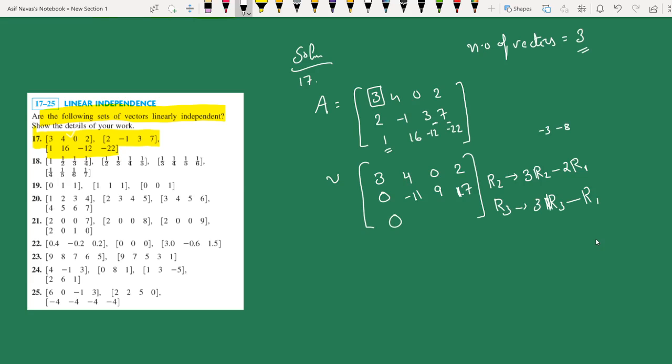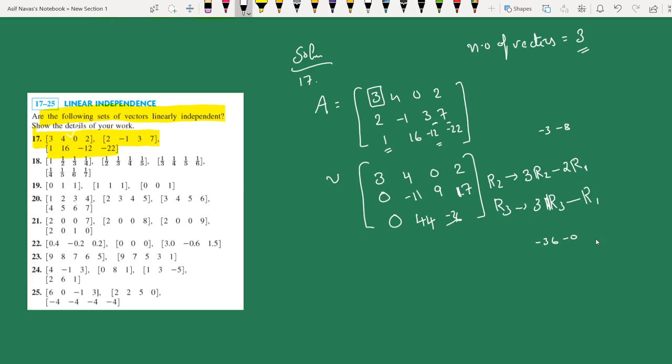What will happen here? 3 into 16 is 48, minus 4 is 44. And minus 3 into minus 12 is minus 36, minus 0, so minus 36. Now what will happen here?